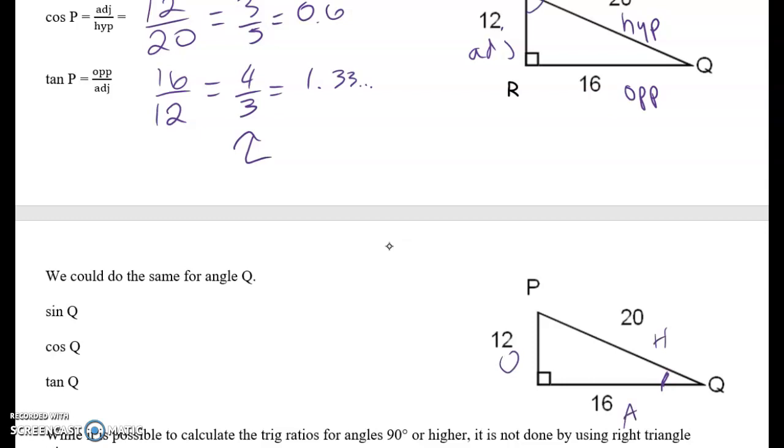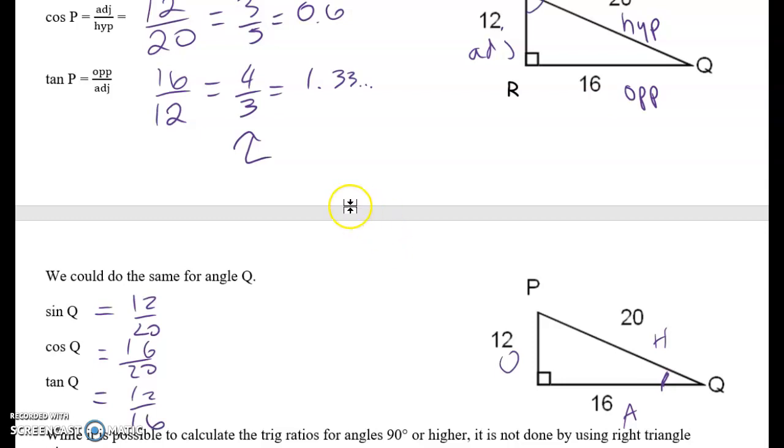So for sine, that's opposite over hypotenuse, right? So that's 12 over 20. Cosine, it's adjacent over hypotenuse, which is 16 over 20. And finally, for tangent, it's opposite over adjacent, which in this case would be 12 over 16.